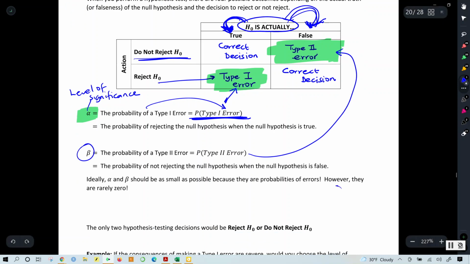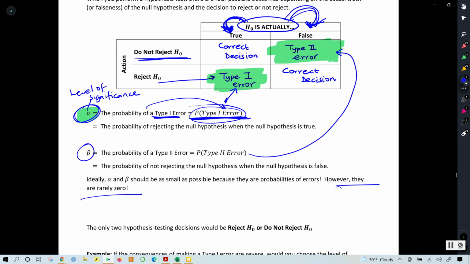They are rarely zero. It's always a trade-off. You have to examine the consequences: if carrying out a type 1 error is extremely costly, you might try to minimize it. And that would mean that you are increasing that of type 2 error, which is represented by beta.